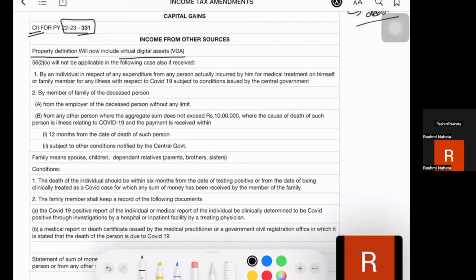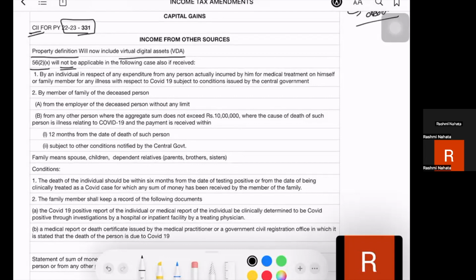Next is with regard to 56(2)(x). So this is for gift. If you all remember the gift provision, any amount received in excess of 50,000 from a non-relative shall be chargeable to tax, but an exception has been given again with COVID-19. So this case is going to be an exempt case.